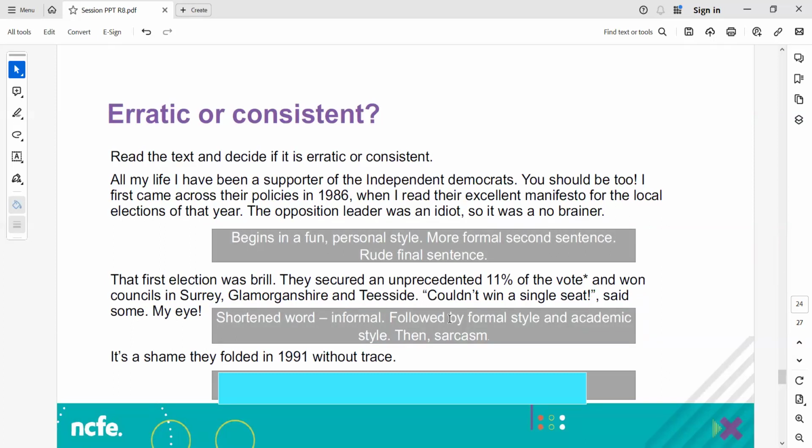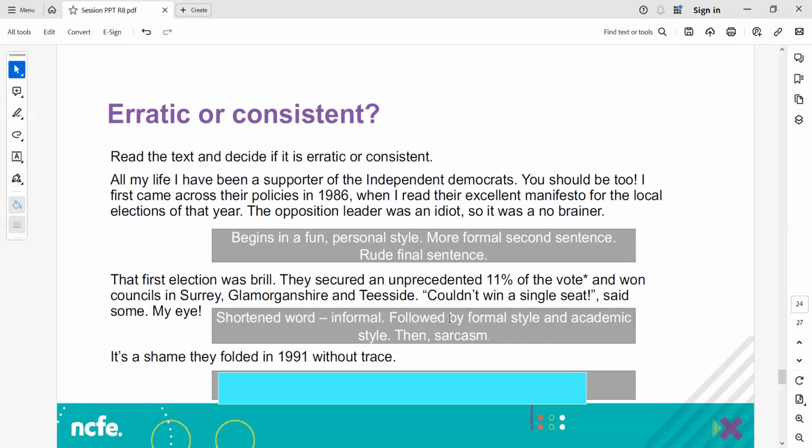So we've got that shortened word in the first sentence of the second part. The first election was brill, so very informal. But then we've got a more formal style, academic. We've got reference to facts and figures there, 11% of the vote, a star there after the word vote, indicating there is a reference included somewhere.